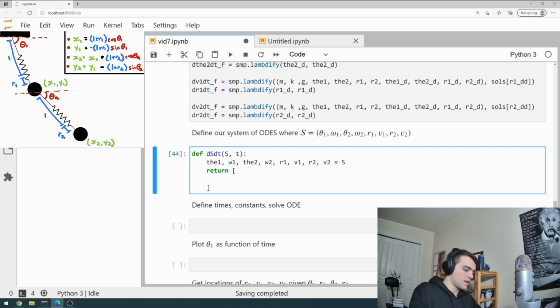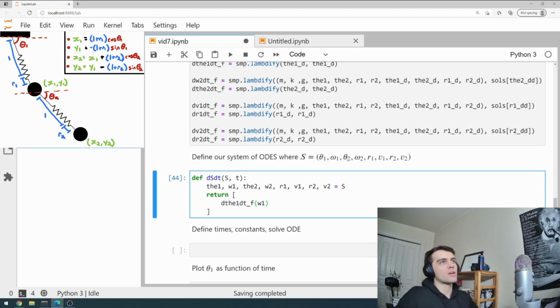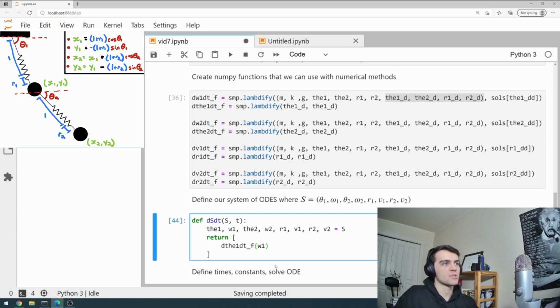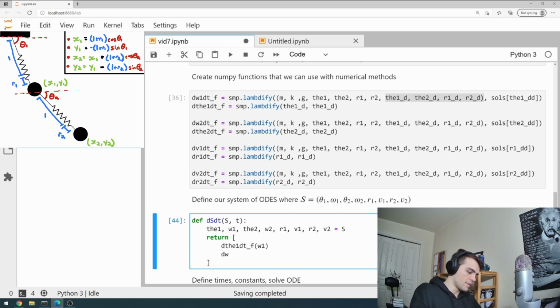First thing it's going to return is d theta 1 dt, this function. And it takes in omega 1, of course, and it returns that. So d theta 1 dt is omega 1. That's simple. And the second one is d omega 1 dt f, and it takes in m, k, and g. Remember, this function takes in a lot of things.